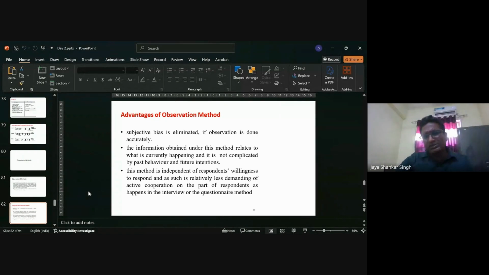Obviously, in the observational method of data collection, we are not manipulating anything. Like in an experimental design of any research, you will control certain variables, you will introduce treatment, you will try to remove the extraneous variable, or remove the confounded relationship. But these types of problems will not be there in this particular method.